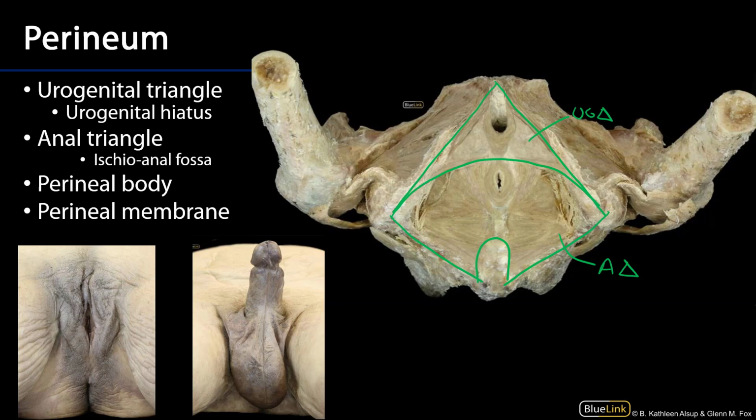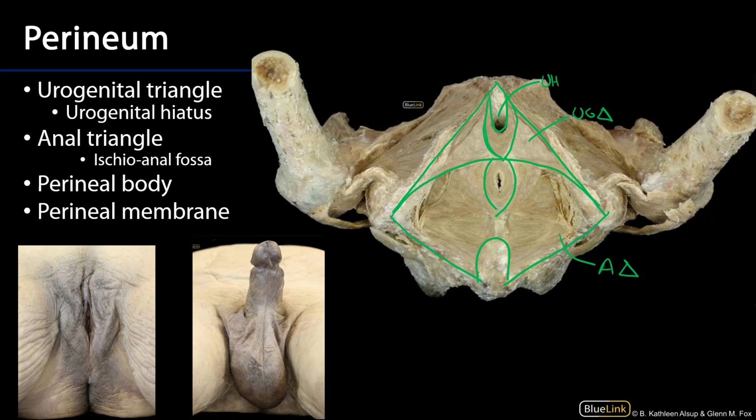That urogenital triangle is going to host the urogenital hiatus, which is this space here. That urogenital hiatus is the space through which the urethra and the vagina are conveyed. Surrounding that space, we see some bulbospongiosus muscle. Now, the anal triangle is going to host the external anal sphincter, which we can see there.